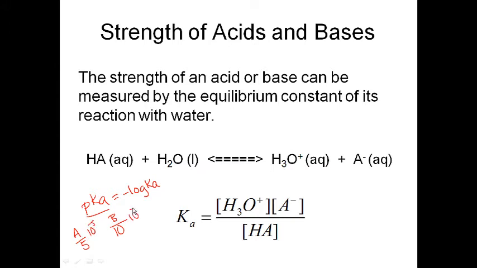This would be a Ka of 10 to the minus 10th. And so 10 to the minus 5th is a larger number than 10 to the minus 10th. So remember that when we have pKa, the lower the pKa, the stronger the acid. And I like to remember that by saying that the more acidic solution is the one with the lower pH. It's the same concept.